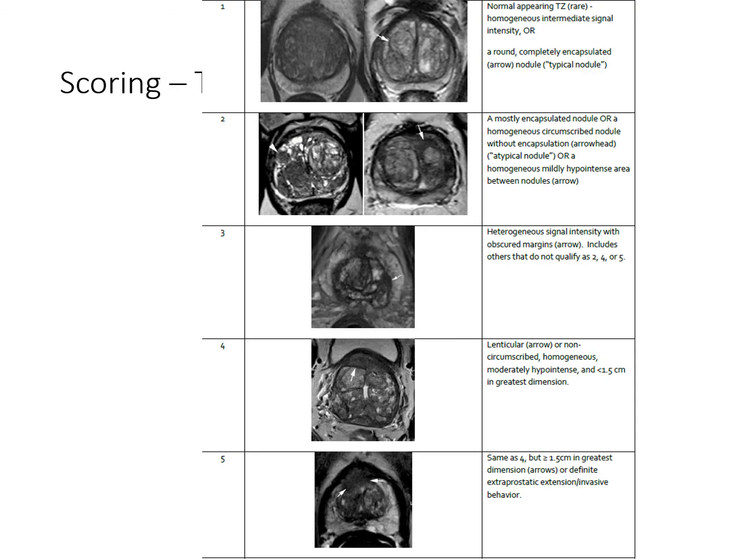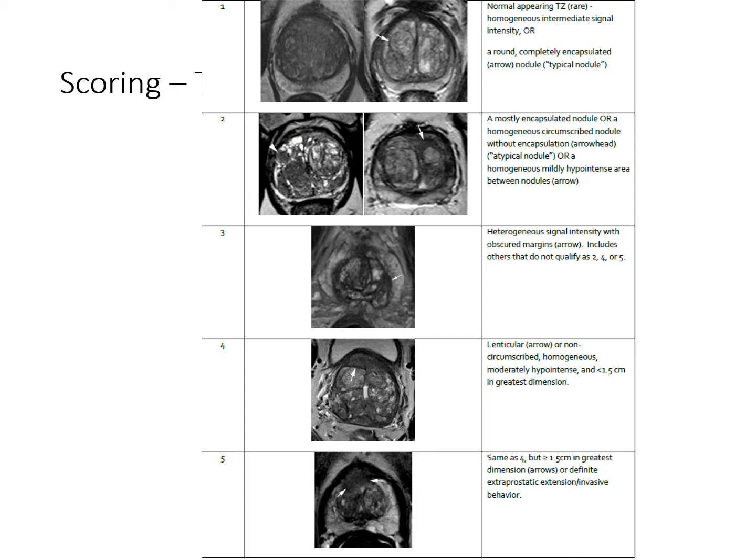Now the transition zone, the focus for this is really on the T2 weighted images. Again you have a scoring system going from 1 up to 5. The point here is that in BPH you will get well circumscribed nodules, which we know as BPH nodules. There may be slightly reduced signal and so on, or they may be just a bit ill-defined.